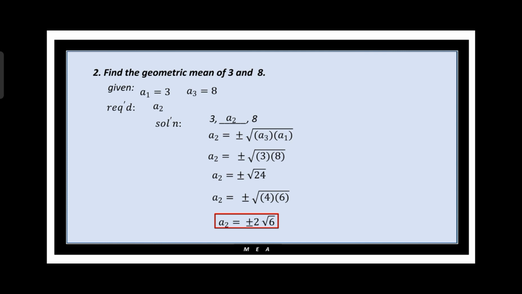Positive and negative siya because pwede kasing ang common ratio natin dito ay positive, pwedeng maging negative. Kaya dalawa ang ating roots. Okay, a sub 2 is equal to positive and negative 2 times square root of 6. Okay, so sana naintindihan ito.